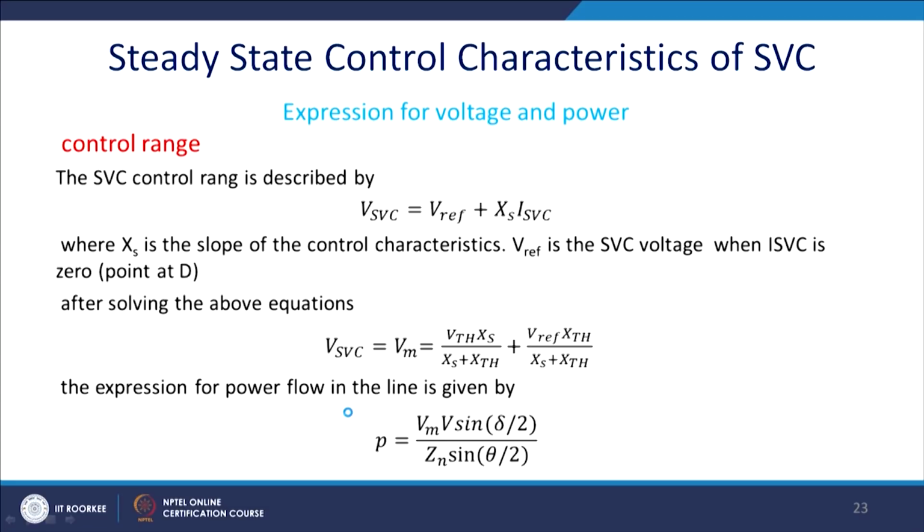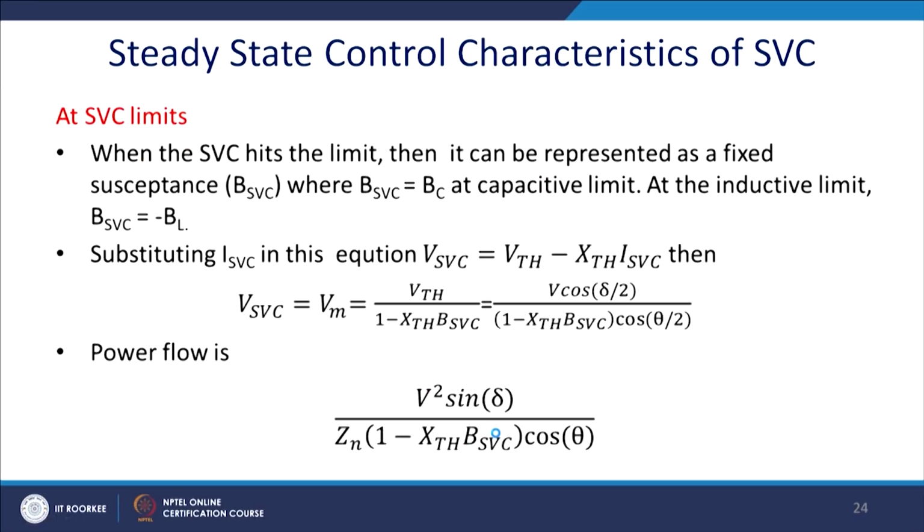You have V_SVC equals V_ref plus this extra control current term, where X is the slope of the control characteristics and V_ref is the SVC voltage at 0 current. After solving, you get the voltage of the SVC at the midpoint of the compensator, and ultimately you get V_m, the midpoint voltage, as V sin(delta by 2) over Zn sin(theta by 2).